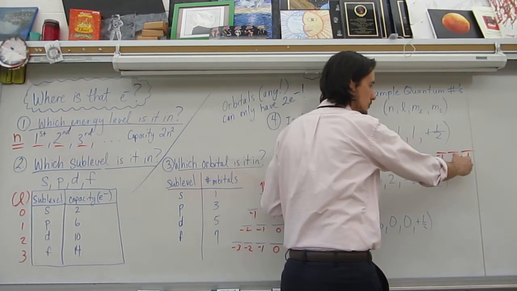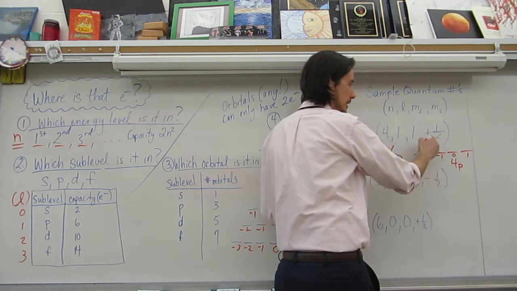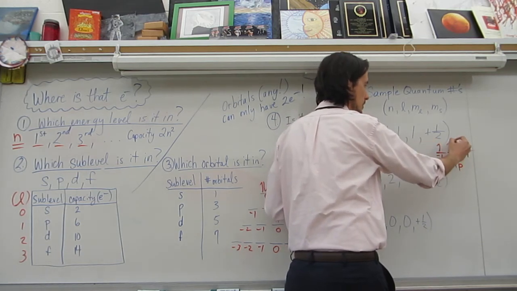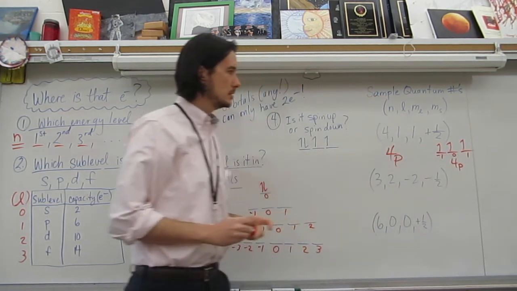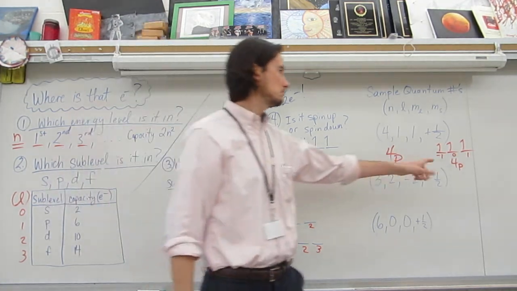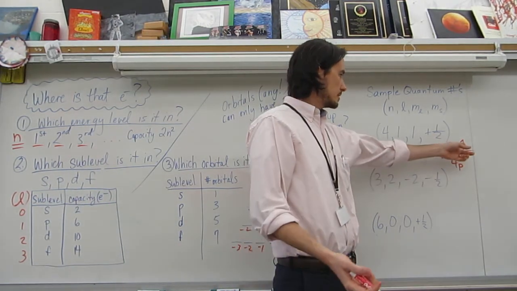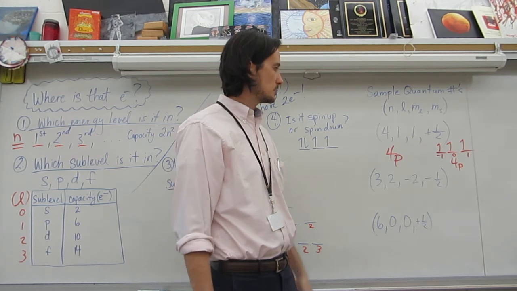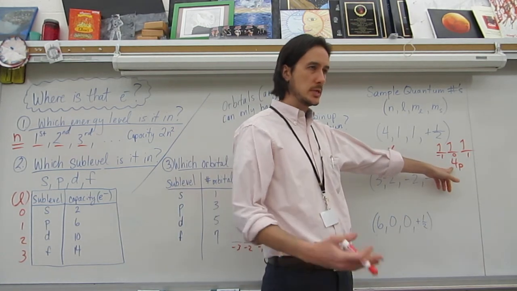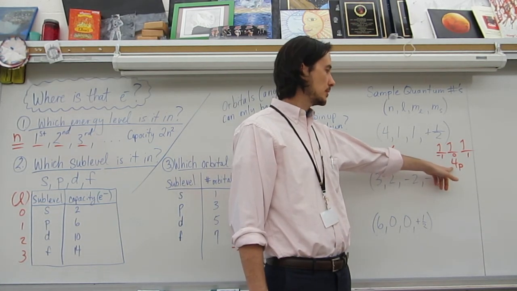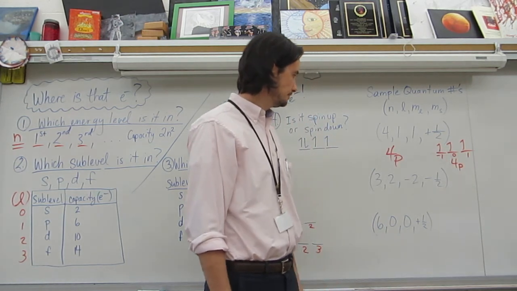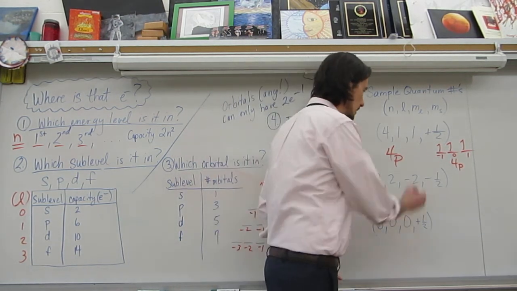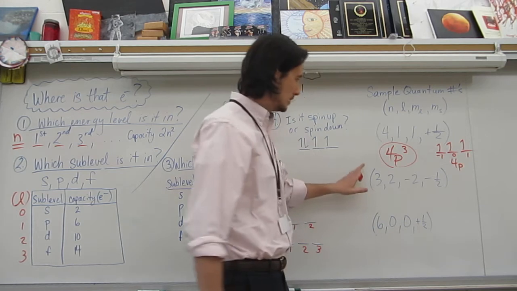And we're talking about an electron here, and it's +1/2. So I do something like that. That's the electron I'm talking about. So this might relate to a 4p3 electron configuration. Go ahead and write that.